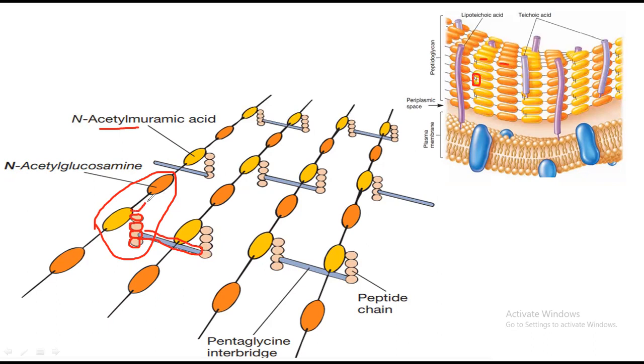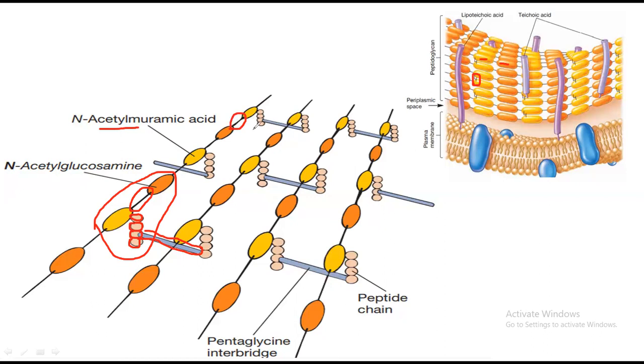And look here, this is the glycosidic bond. Because these are two glucose molecules, they are bound to each other by a glycosidic bond. So if someone asks you how many bonds there are in a single unit of peptidoglycan layer and what the bonds are, your answer will be that the two glucose molecules are bound by glycosidic bonds.